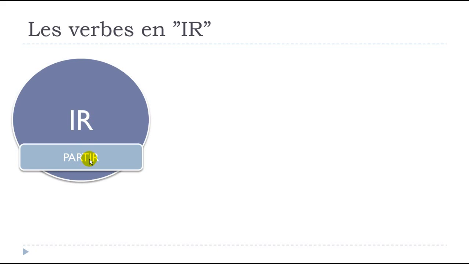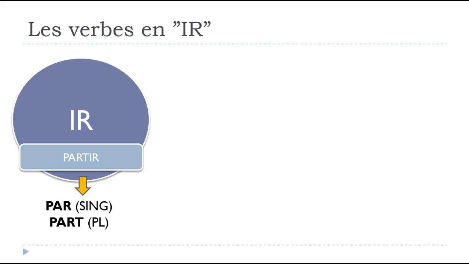As I said, the idea is that we will have two different roots, two different stems. The first one will be par for the singular form, so we're talking about je, tu, il and elle. And then for the plural form, we will have part, and we're talking about nous, vous, ils, elles.